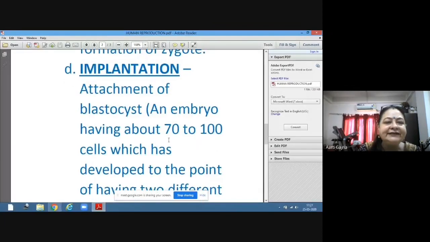Now, suppose fertilization has taken place, because every time the ovum is released, fertilization is not taking place. The egg is released every 28 to 35 days cycle. It depends from girl to girl. The egg is released from either one ovary, all under the control of hormones.